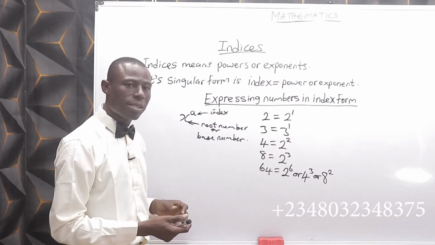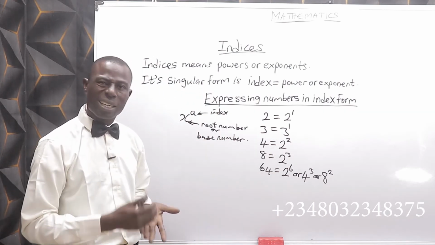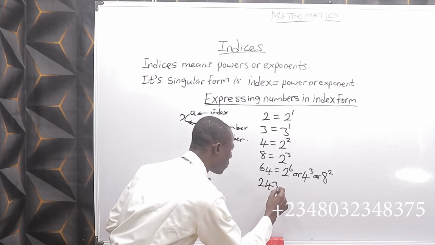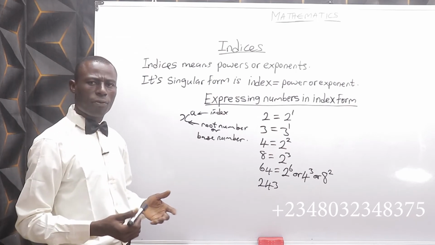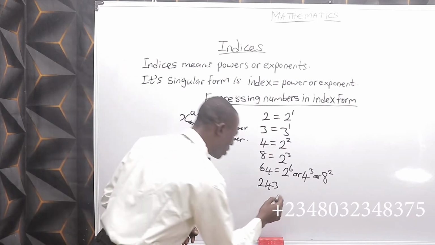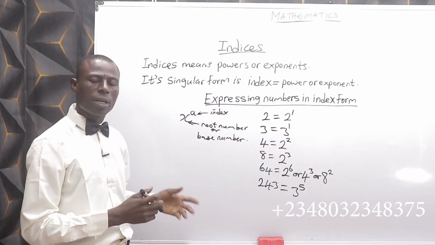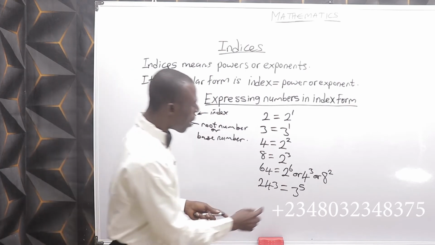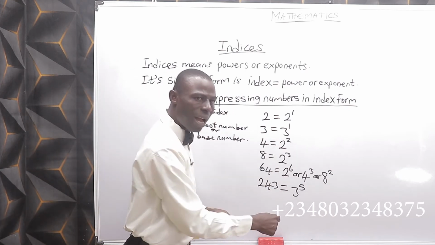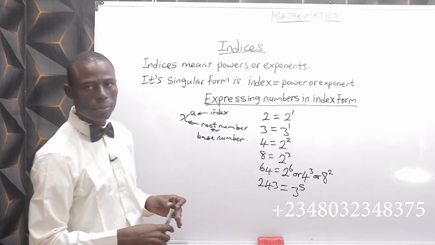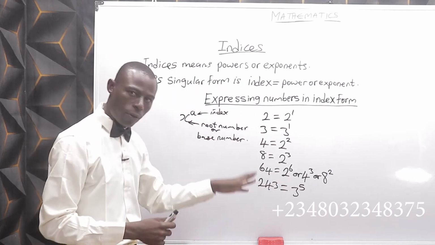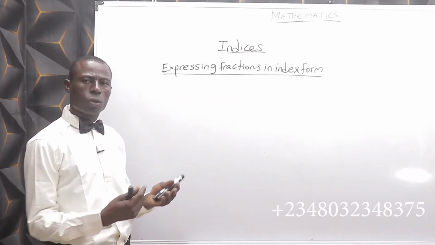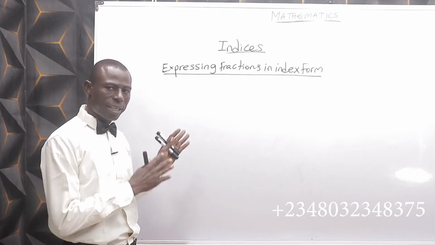In any case, we are raising 64 in index form. What of 243? 243 is 3 raised to power 5. So numbers in this format are referred to as index numbers, numbers in index form. Do we all understand? Good. We have seen how to express whole numbers in index form.